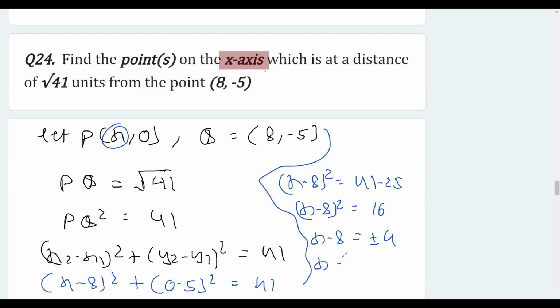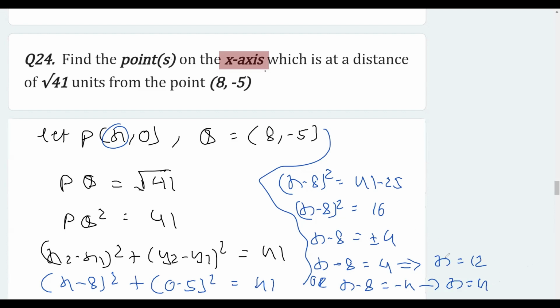Now if I equate, x minus 8 is either equal to 4 or x minus 8 is equal to minus 4. From here, x is equal to 12 if I transpose minus 8 to the other side, and if I transpose this, it's minus 4 plus 8, that is equal to 4.